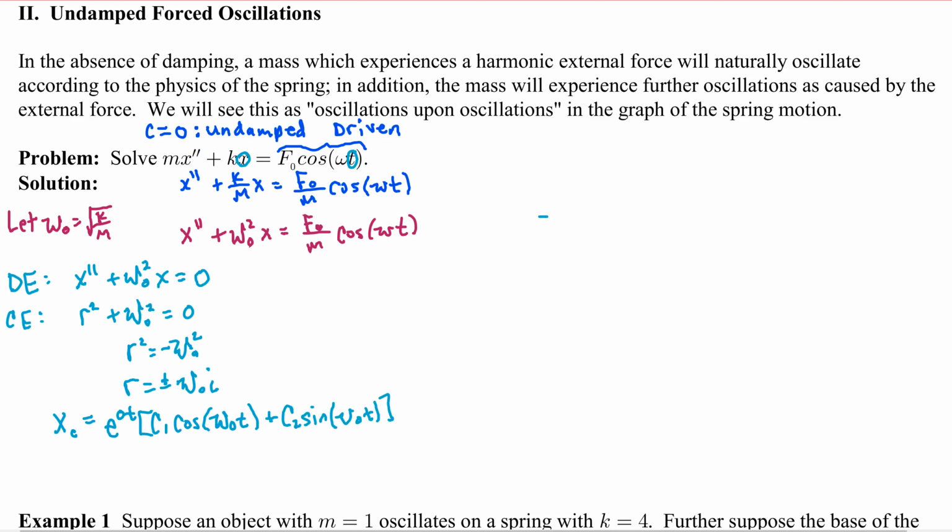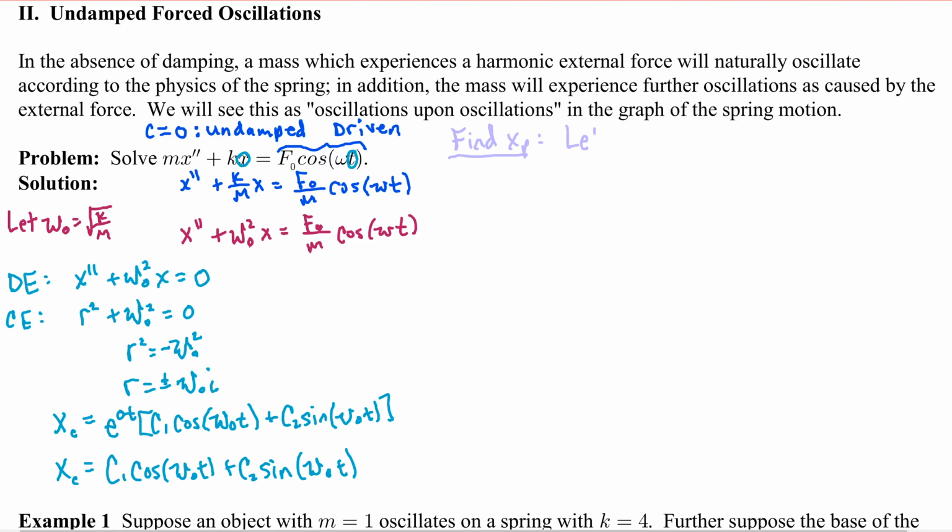And let's go ahead and simplify that, recognizing that e to the 0t is 1. Then our complementary solution would simply be c1 cosine omega naught t plus c sub 2 sine of omega naught t. The next thing we need to do in our solution process here is to find our particular term, x sub p of t.